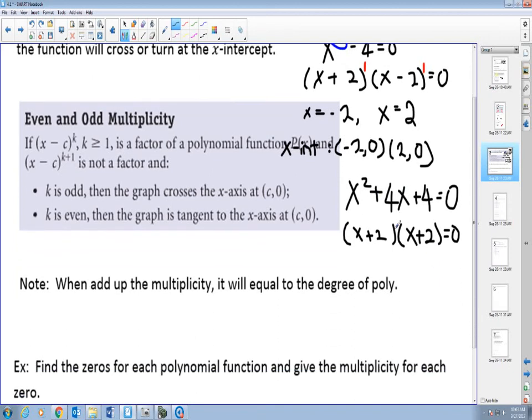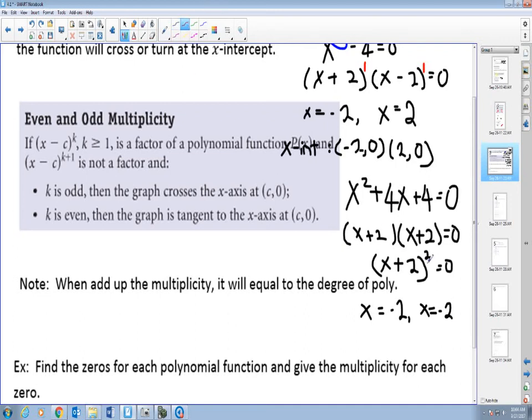So by looking at it, you notice that the exponent on each factor is 1 and 1. But since these two factors are exactly the same, this is basically saying x plus 2, the whole thing squared, is equal to 0. So technically, x plus 2 set equal to 0 gives x equals negative 2, and so does the other one. But these two answers are exactly the same.